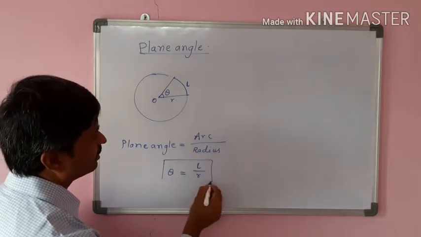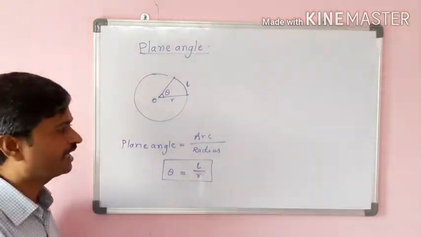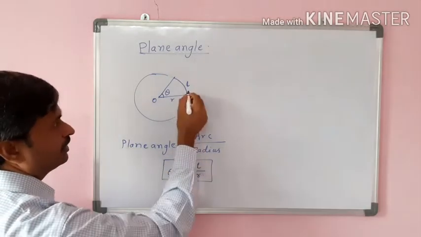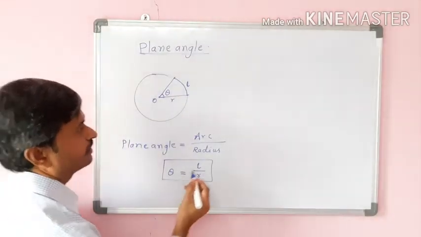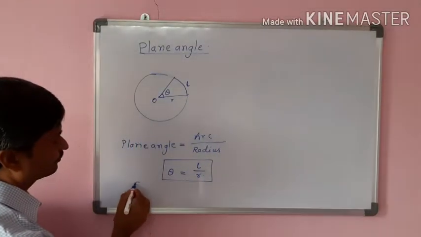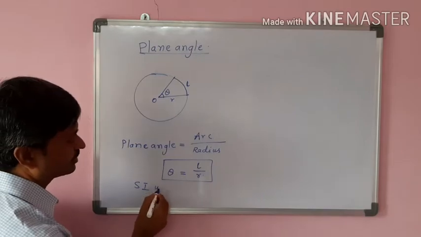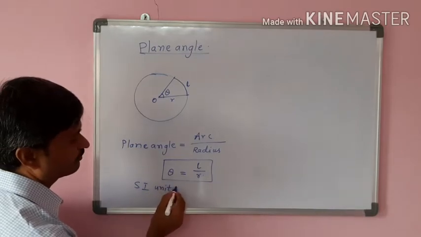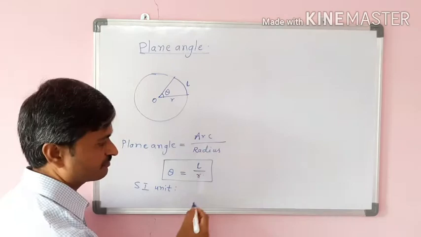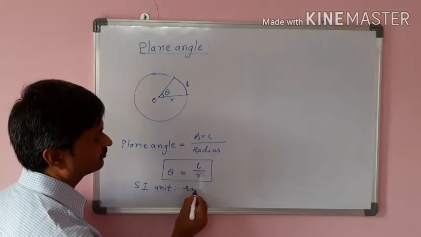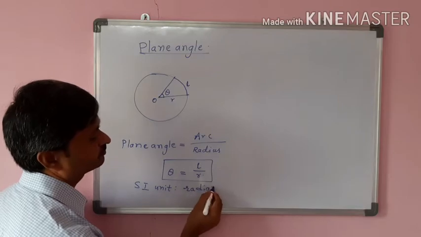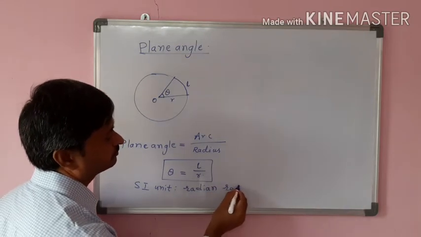Now this is the definition of the plane angle. L is in meters, radius R is in meters, hence the SI unit, if we take the SI unit, it is a dimensionless quantity, but the SI unit is defined as radian, rad.